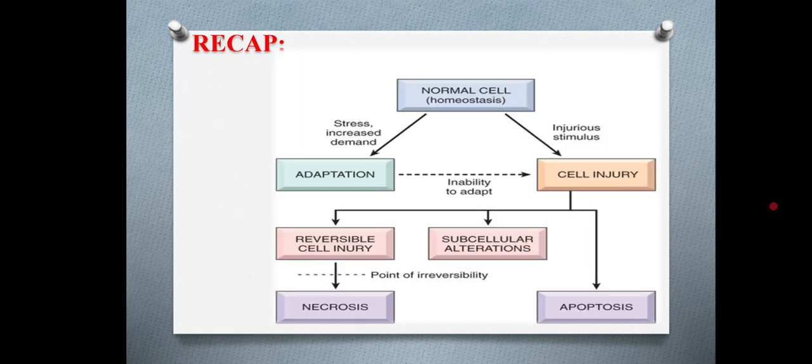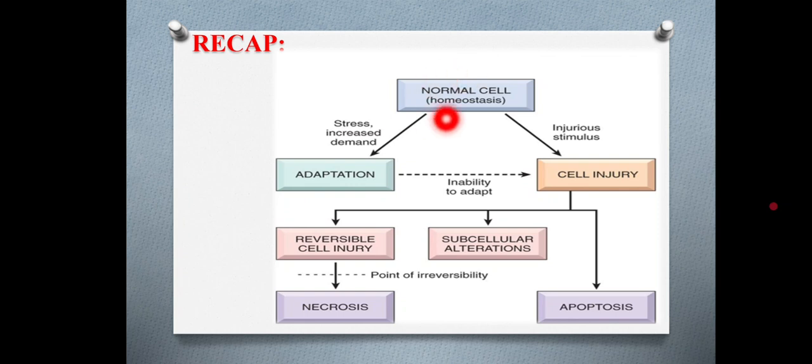All right. In the recap, remember, when I introduced cellular adaptation, I talked about how a normal cell looks. You have a normal cell here under homeostasis, simply meaning that everything is under normal circumstances.